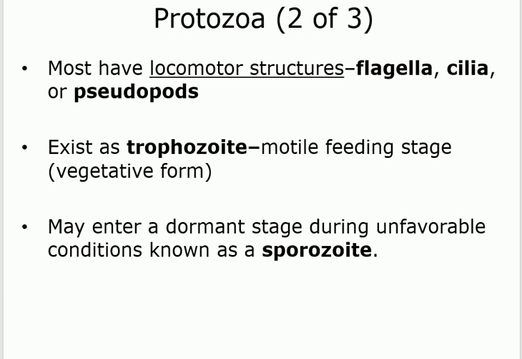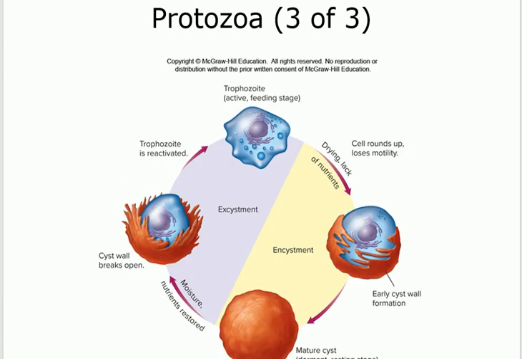Did you get the difference? Trophozoite versus sporozoite. Vegetative versus spores. Dormant. Tropho means trophic. These are the vegetative form. These are the ones that actually survive, they live, they move, they eat.